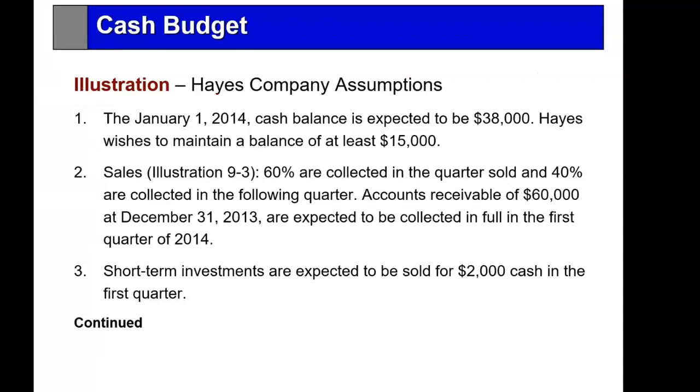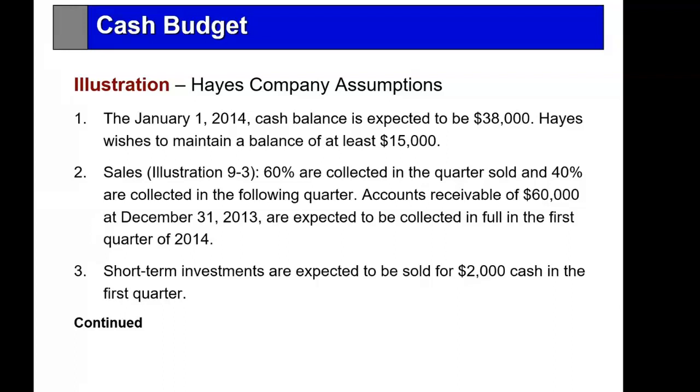On January 1st, we expect the cash balance to be 38,000. Now, management's policy, again, like we had for inventory, we didn't want to run out of finished goods inventory. What we had for purchasing, we did raw material. We did not want to run out of raw materials because that way we wouldn't meet the sales. So we had management's policy, buffers. Management also has a policy here.